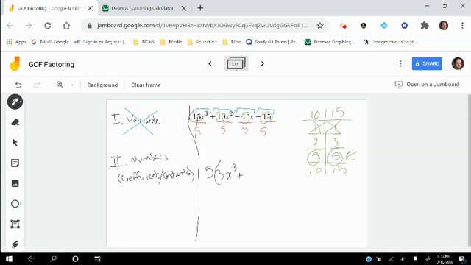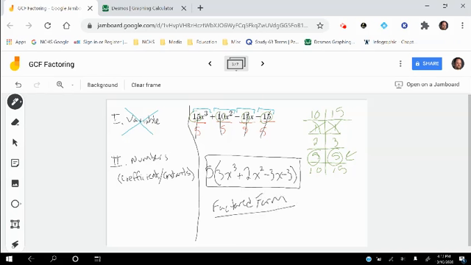I tend to ignore all the signs and just fill them in their spots in the answer. 10 over 5 is 2, x squared. Bring the minus down. 15 over 5 is 3x. Bring the minus. 15 over 5 is 3. And there is our factored form. That's our answer. If we distributed this back, we would end up with the original problem.